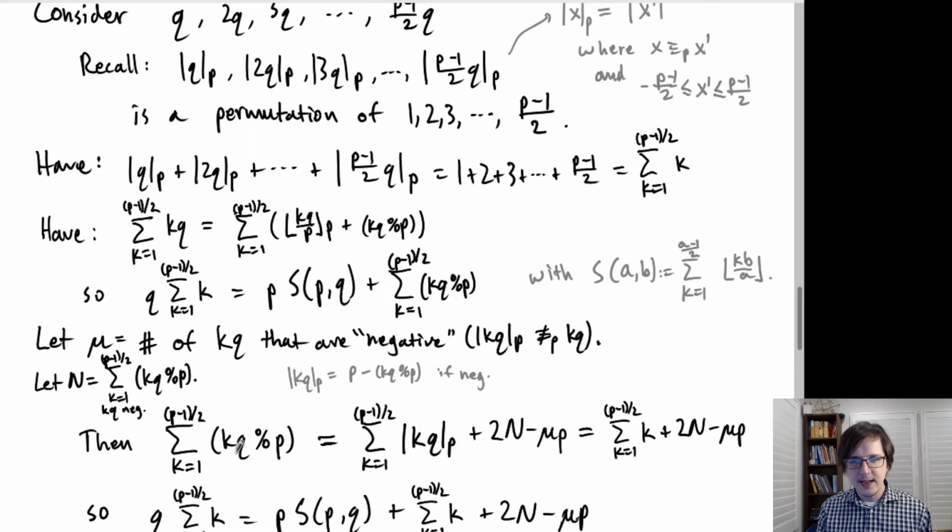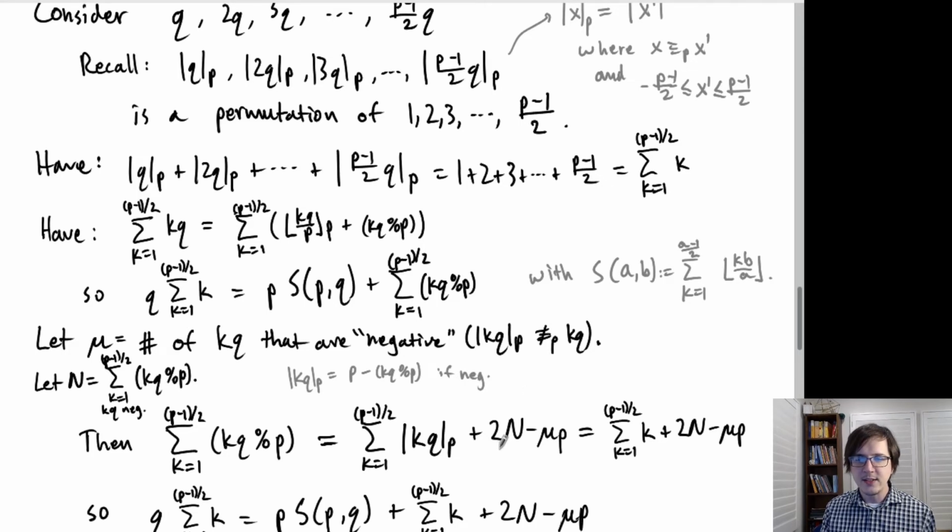Okay, so that means that if we take the kq mod p and sum it all up, then we can look at the sum over just the absolute values. And then for all the negative ones, we can try to add something to convert it into being just the kq mod p.